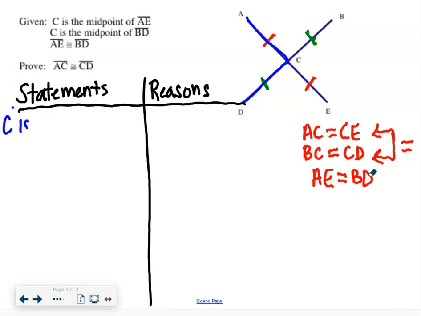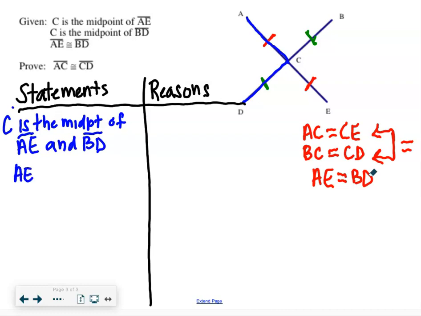So C is the midpoint of AE, but we can combine those two, and BD. And then we can also say that AE is congruent to BD. So those are our givens.